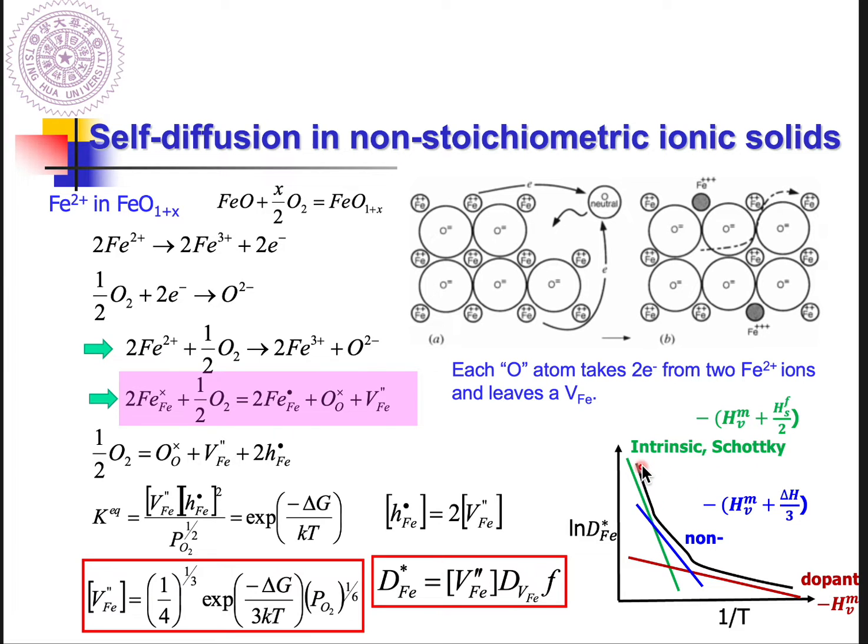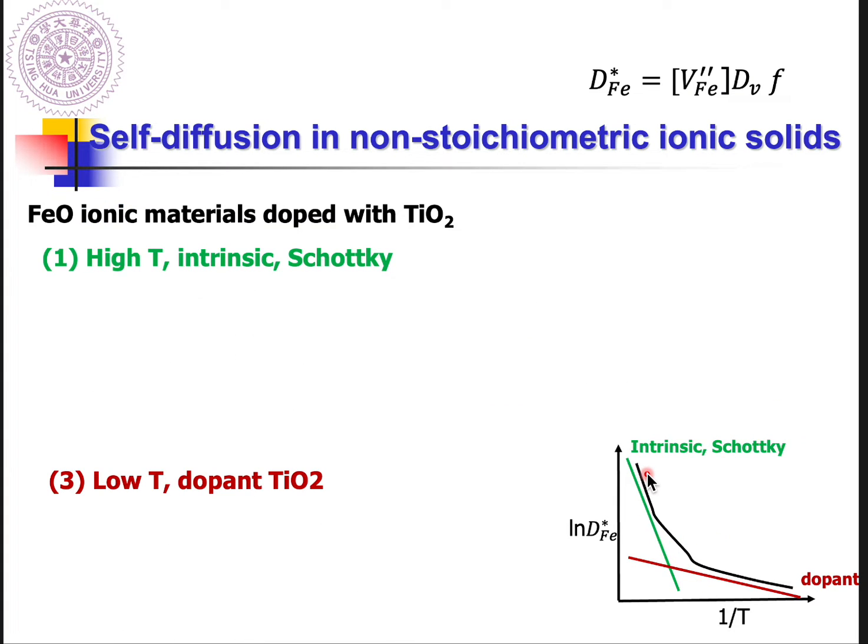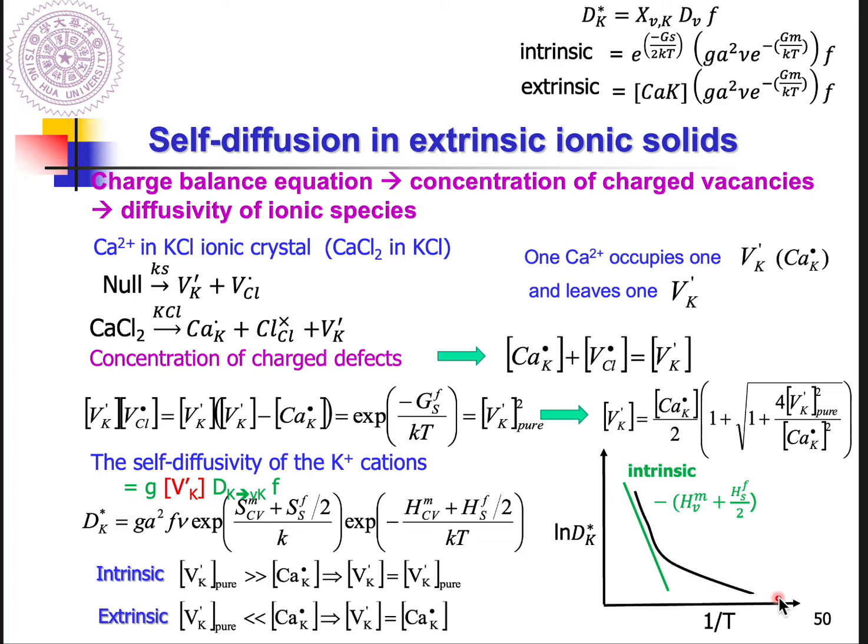If the curve is a straight line, then only one parameter dominates the diffusivity. If the curve looks like curve one, like this, then that implies that during this temperature regime, there are actually 2 mechanisms involved in this diffusivity.